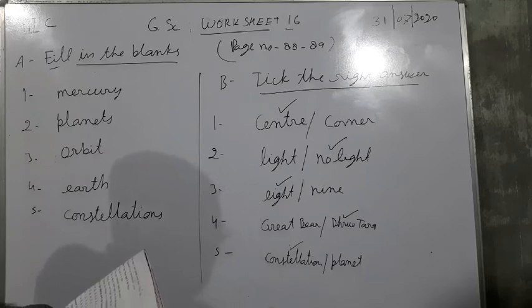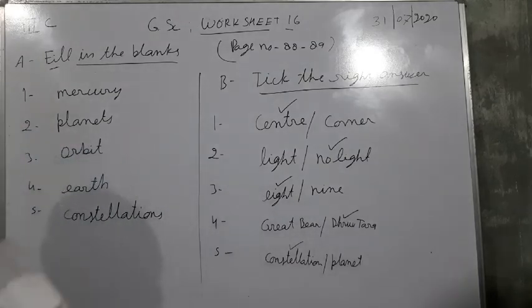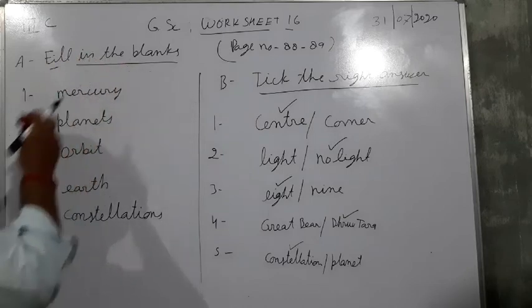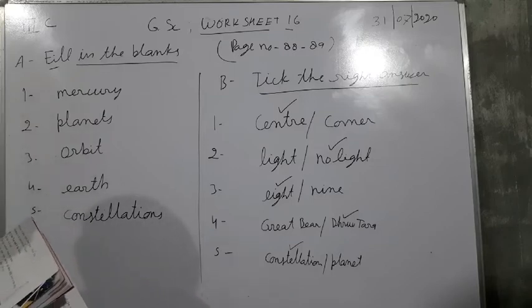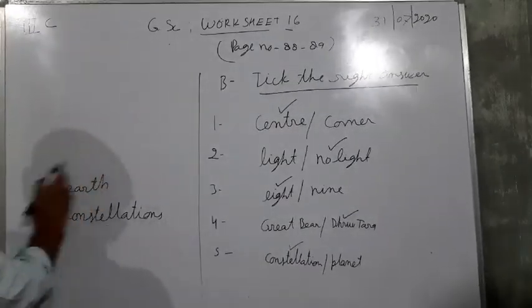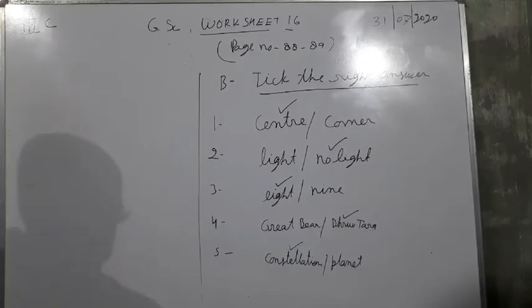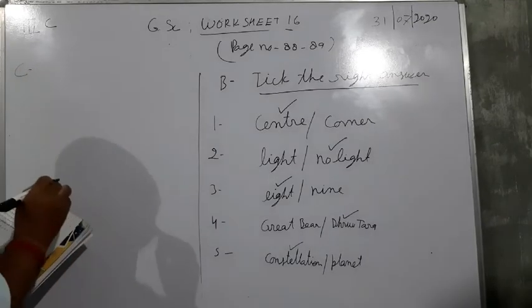Now next one is C, write T for true and F for false.